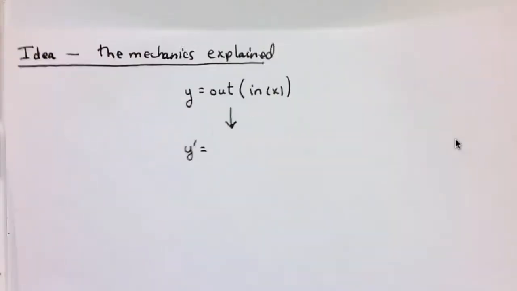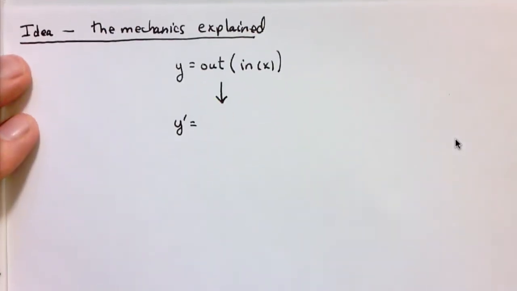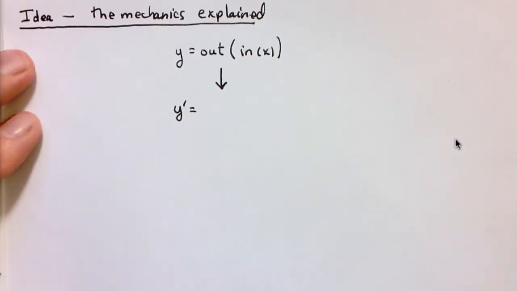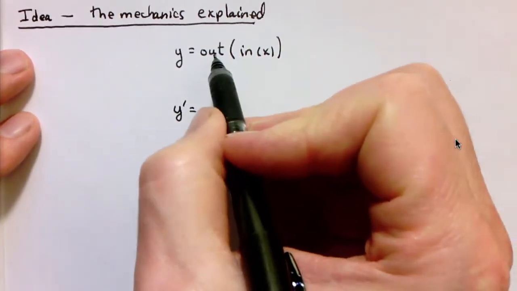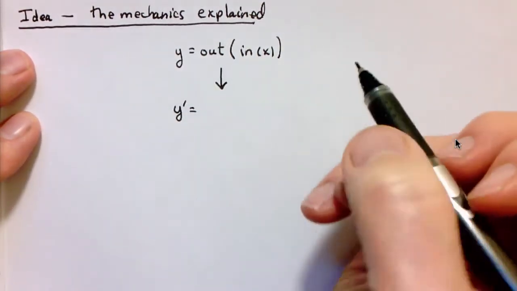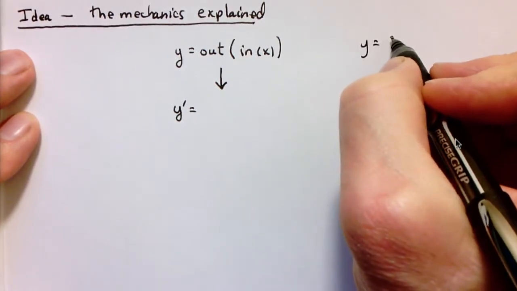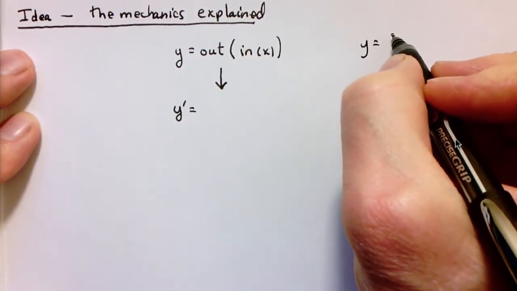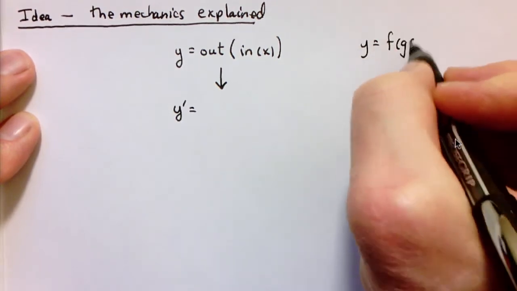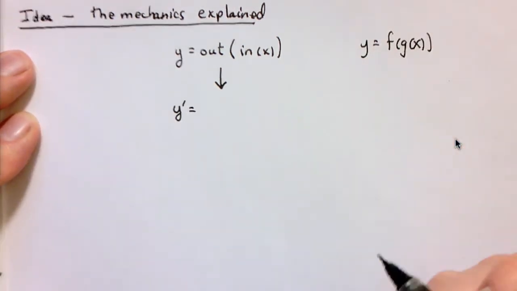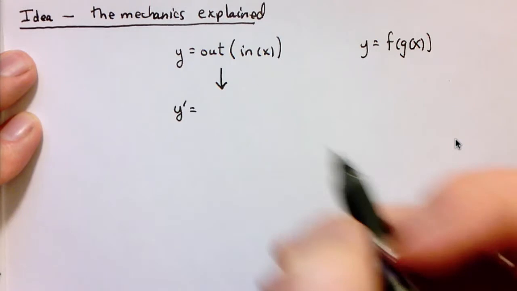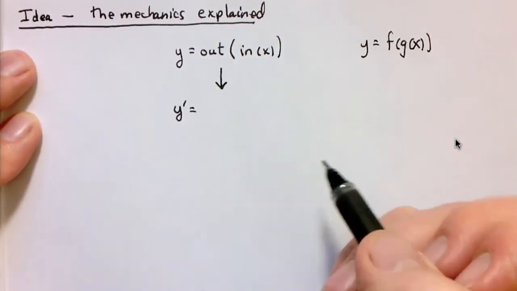All right, how about the mechanics? When we have a composite function, you might think of it as y equals the outer function applied to the inner function. Compare that to the notation we had before, which is y equals f of g of x. So g is our inner function, and f is our outer function.